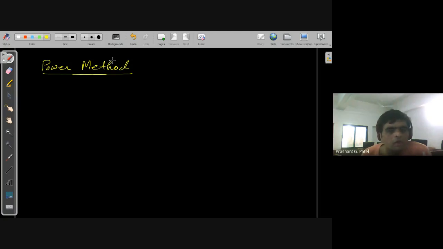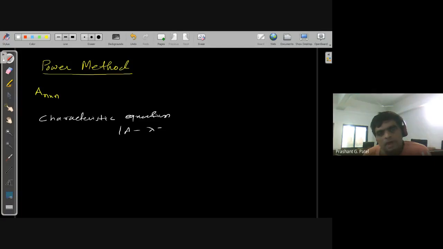Might be in your linear algebra course, you have come across this: if you are given A, which is a matrix of order n cross n, then to find the eigenvalues of this matrix, you solve the characteristic equation, that is, modulus of A minus lambda I equal to 0.